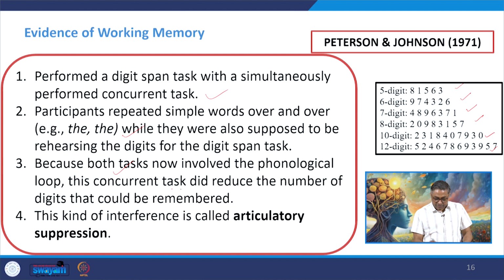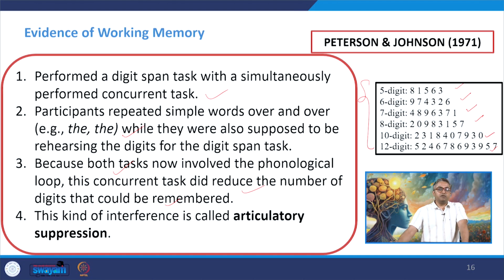So what we observed is that concurrent tasks did reduce the number of digits that could be remembered, which means recall of simple words like "the" was not supposed to interfere with the digit span task. However, it seemed that it affected the digit recall task. So this digit span task got affected by the repetition of a simple word.